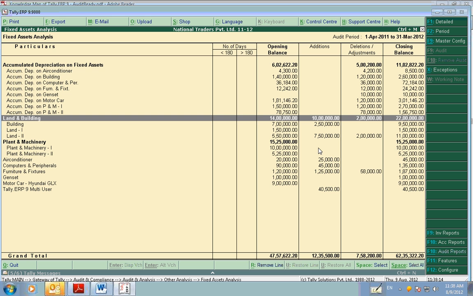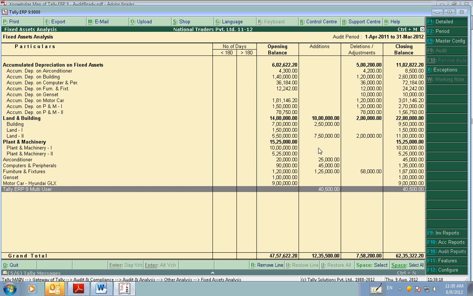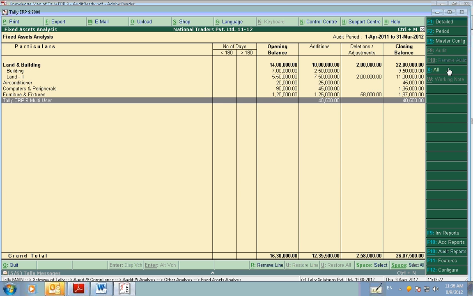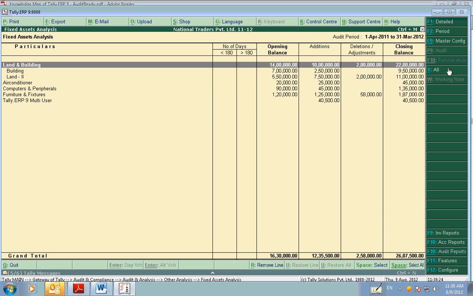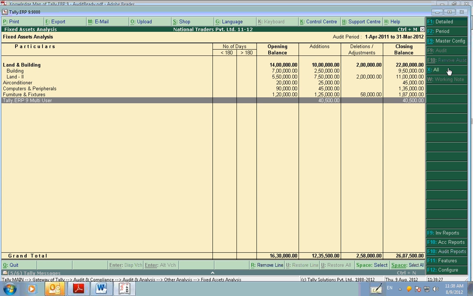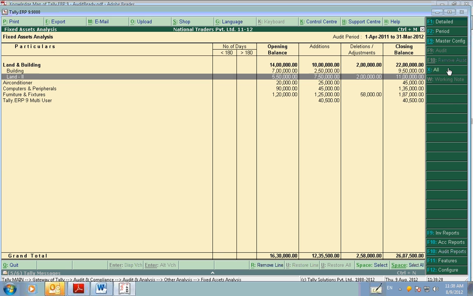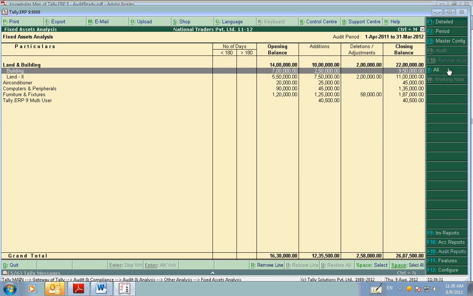So here you can check what exactly these are, if there are any exceptions. You can drill down to this particular transaction level and check what exactly these exceptions are, why the additions or the adjustments were made, and what the method of depreciation is, if they are accounted, right? And all that can be had through the fixed asset analysis.